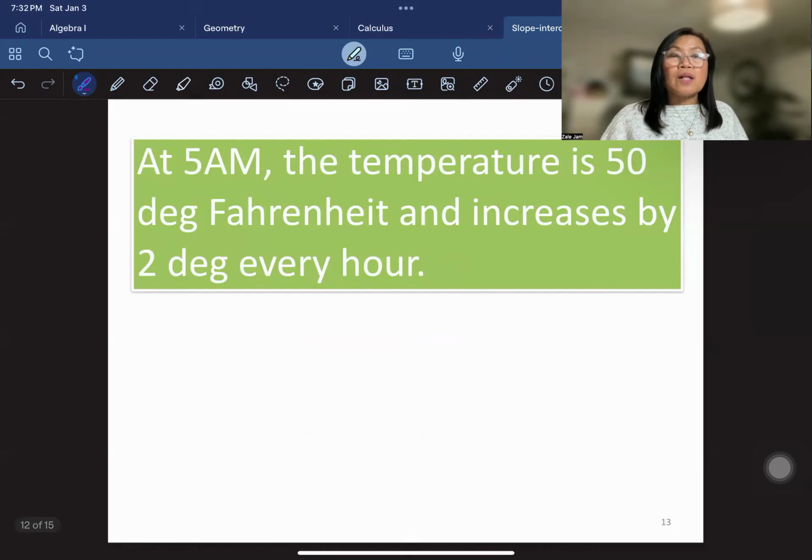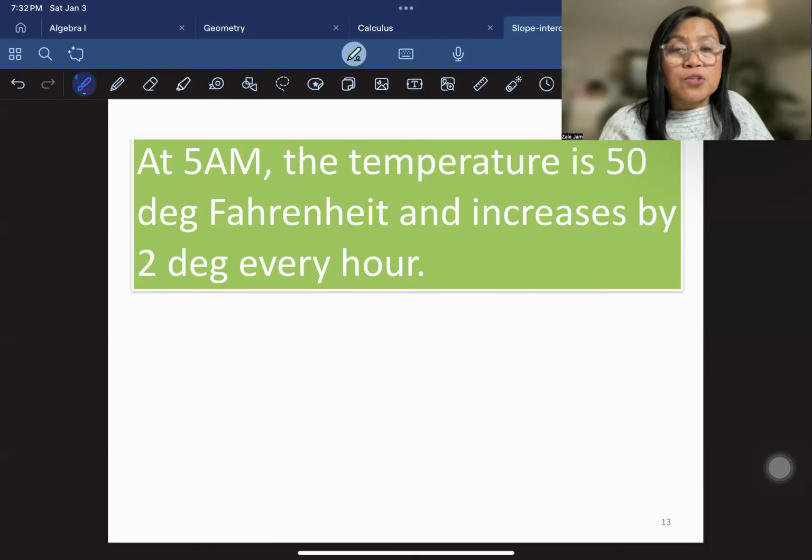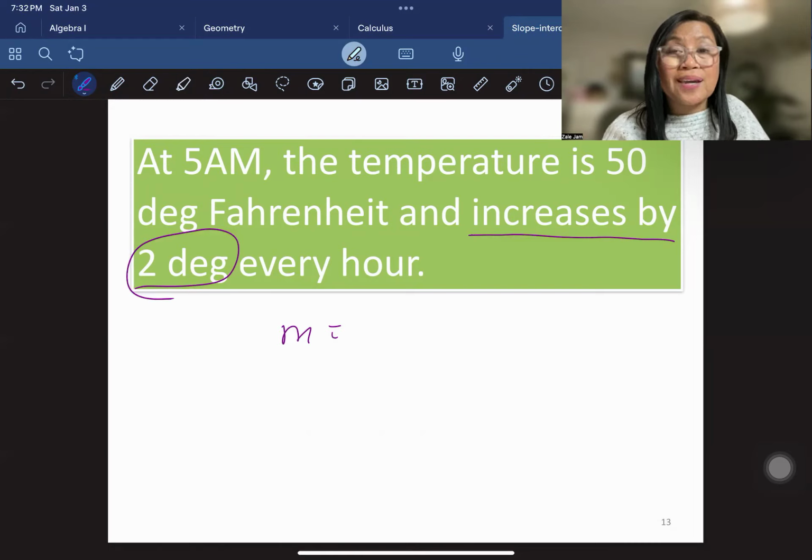Next example, at 5 a.m., the temperature is 50 degrees Fahrenheit and increases by 2 degrees every hour. So identifying our slope, it should be equal to the phrase increases by 2 degrees every hour. So that is our slope, because slope is the rate of change, meaning the change in temperature per unit time.